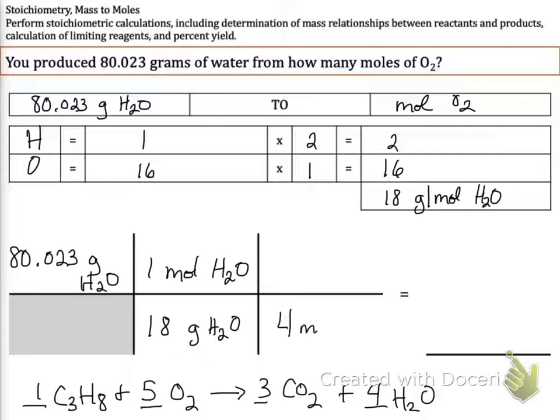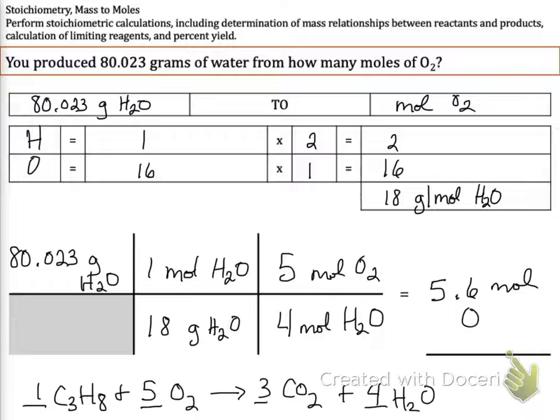There are 4 moles of water made from every 5 moles of oxygen. To solve, I'm going to multiply across the top, so 80.023 times 1 times 5, and then I'm going to divide by my bottom. So 18, 4, and I get 5.6 moles of oxygen.